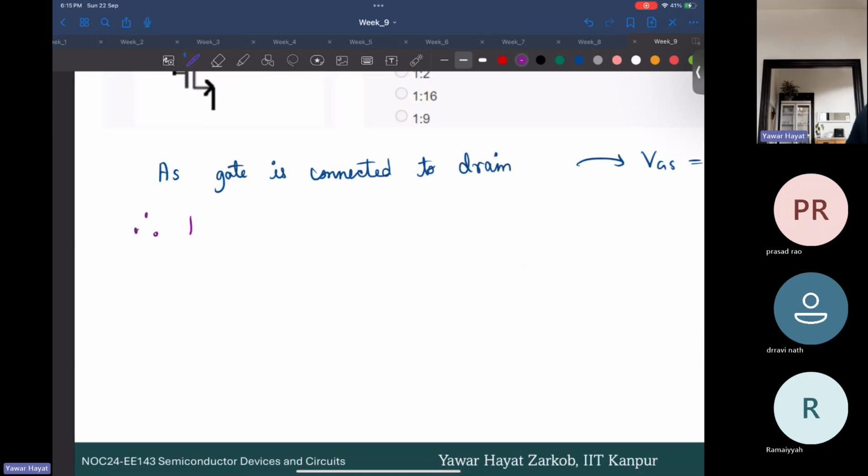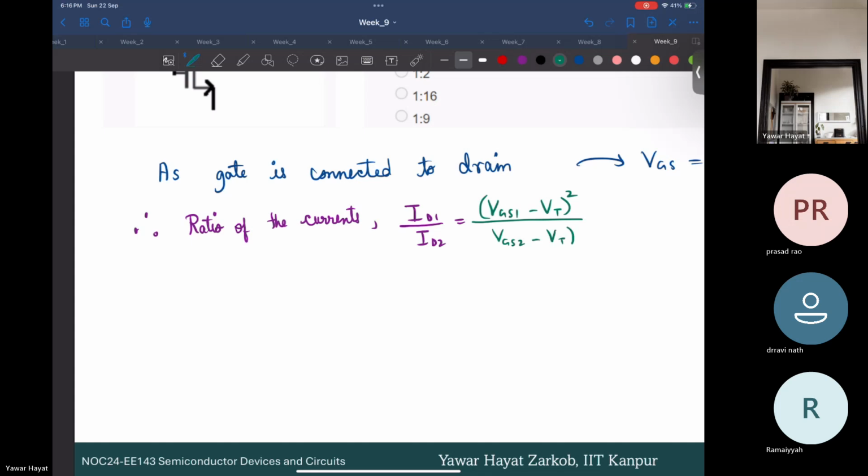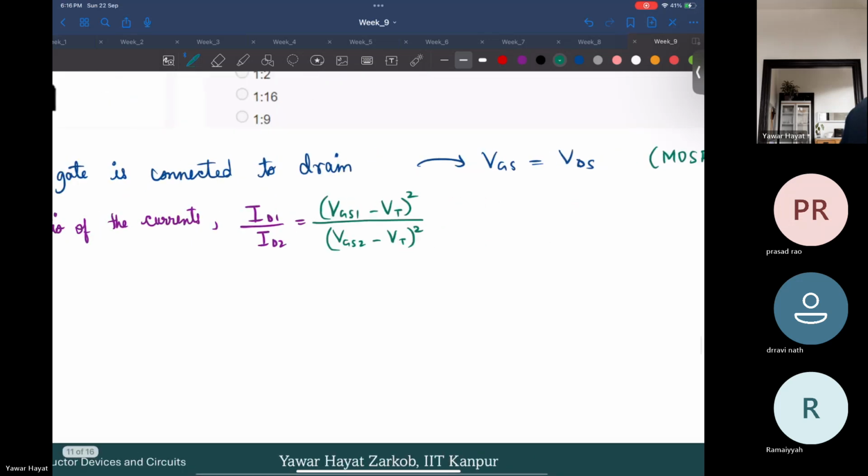what is the ratio of the currents? Ratio of the currents, your ID1 by ID2, that is equal to (2 minus 1) square whole divided by (4 minus 1) square, right?